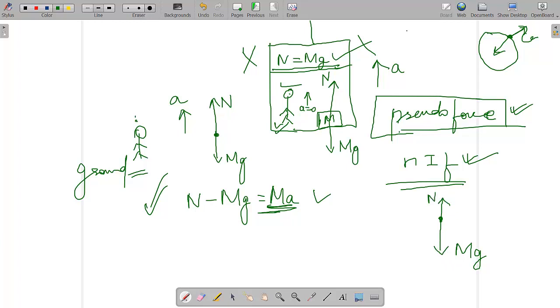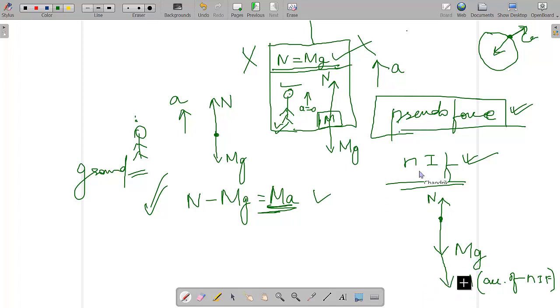Okay, and he will apply one extra force on this, which will be equal to mass into the acceleration of the non-inertial frame. Understood? Yeah, the acceleration of the non-inertial frame in the opposite direction.